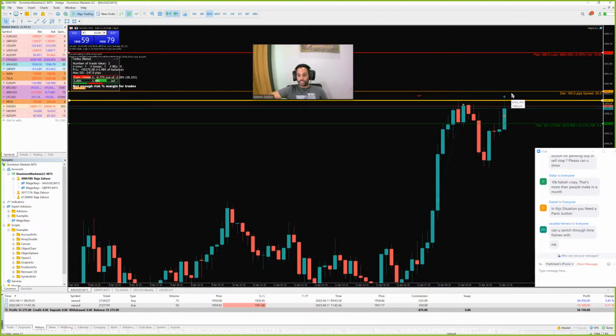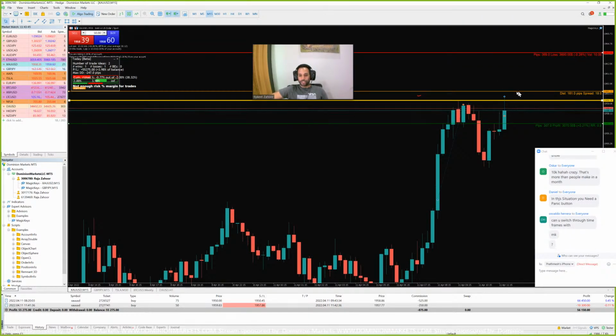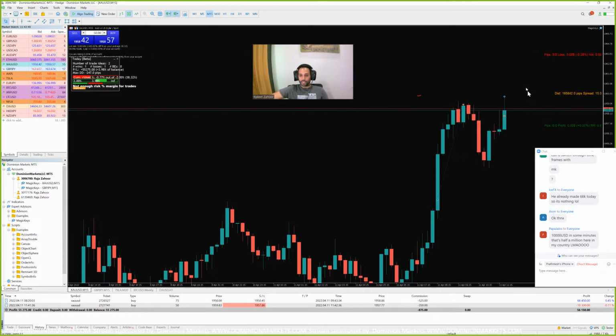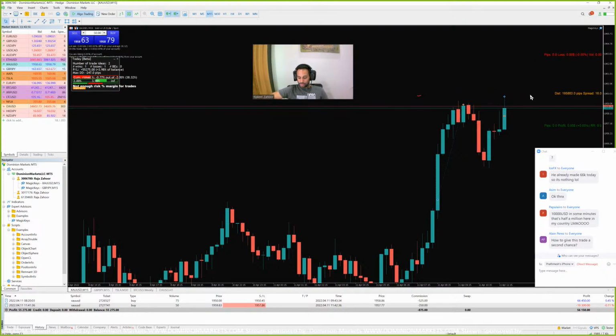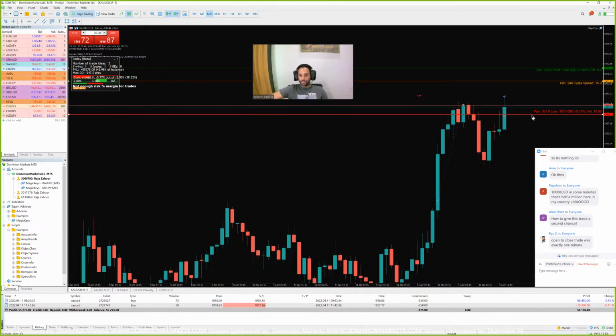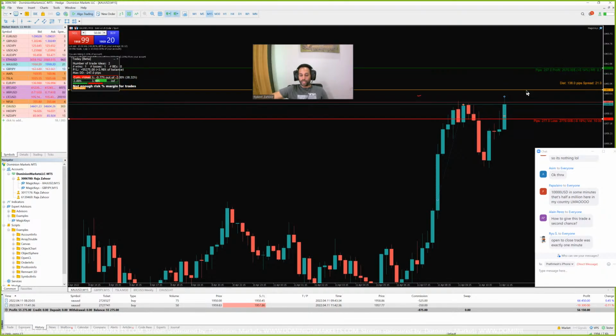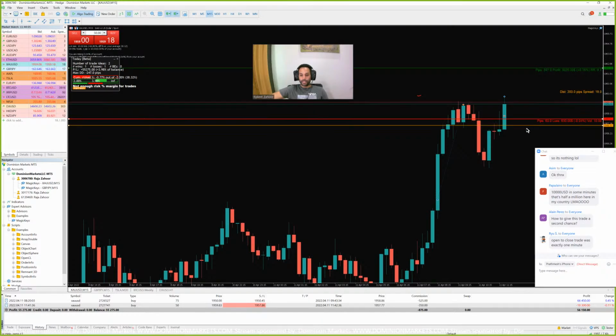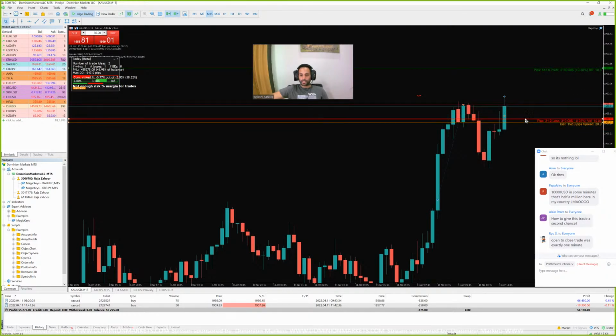If I hit switch, then I can have a sell stop. Now this line is above your price. If I hit open trade, this opens a sell limit. But if I place it below price and hit switch, it's going to be a sell stop.